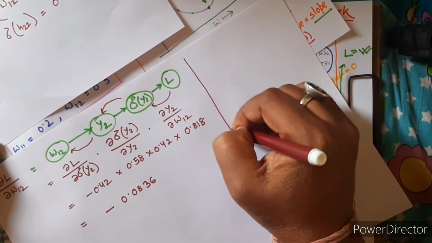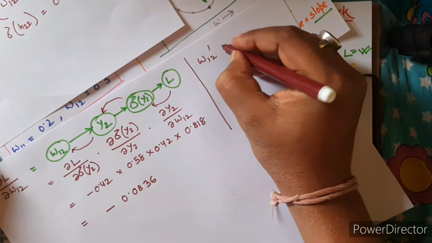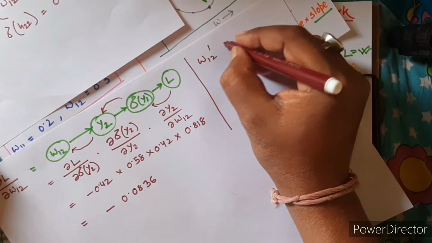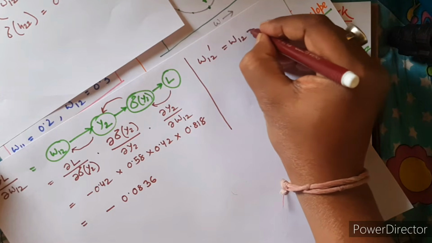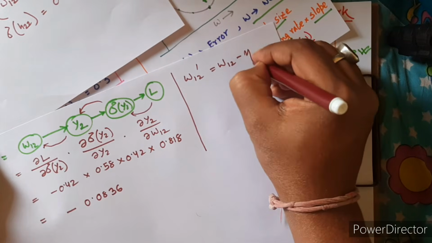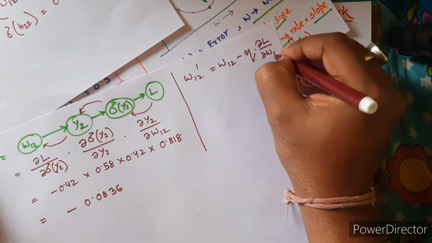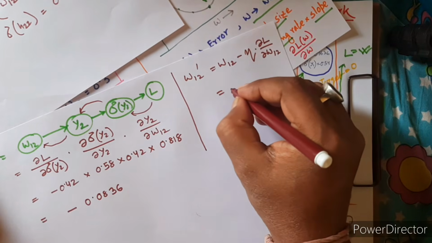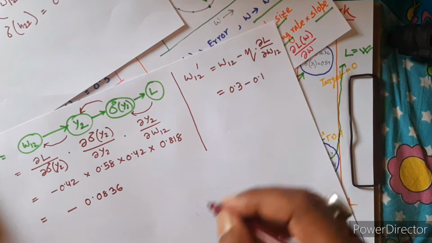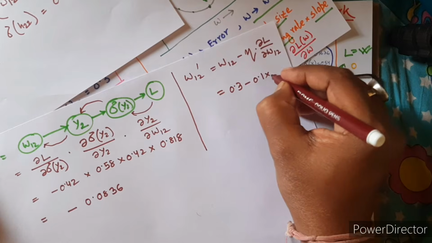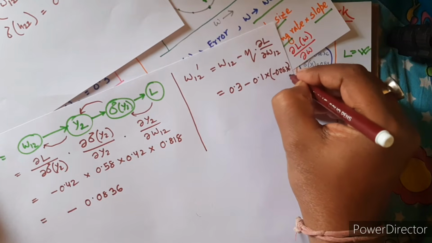So what will be the new value of W12? I will write it as W12 prime, or W12 at t plus 1, whatever way you can write, equals W12 old minus learning rate into delta L by delta W12. So W12 is 0.3, learning rate is 0.1, into minus 0.0836.